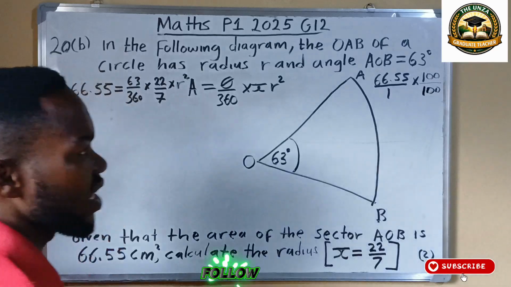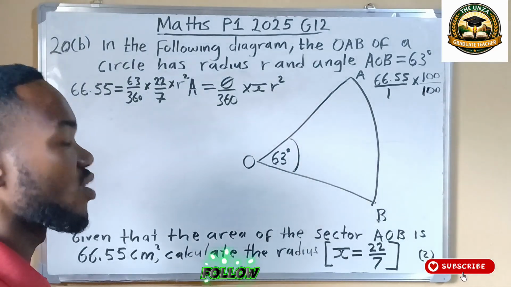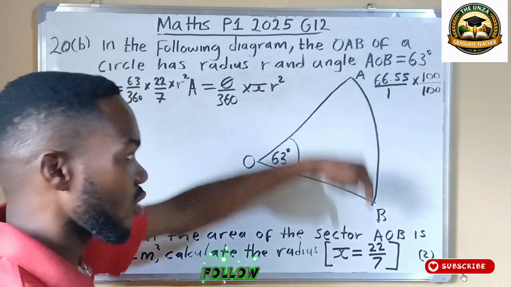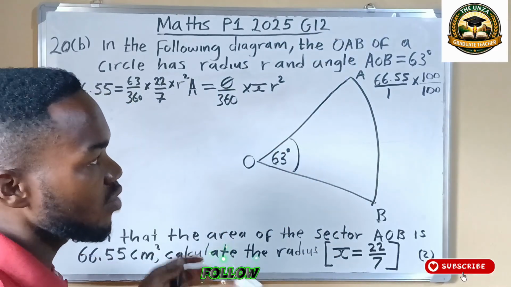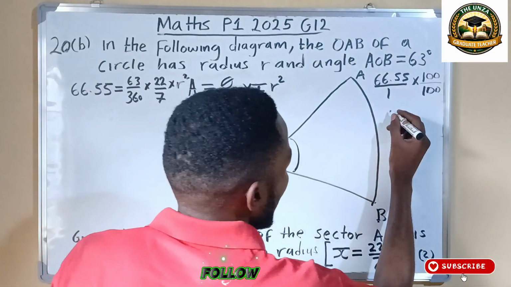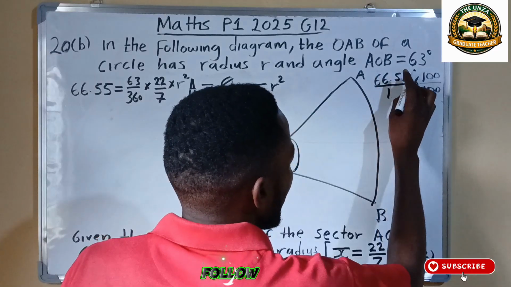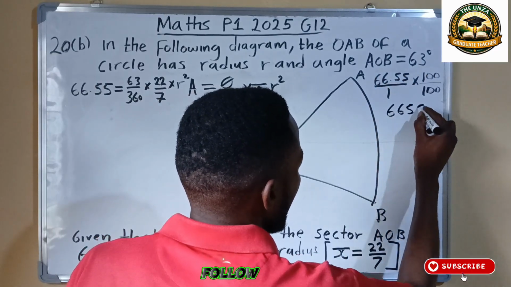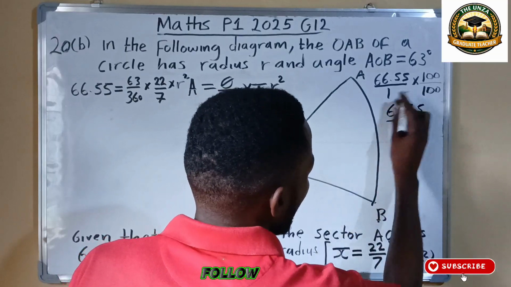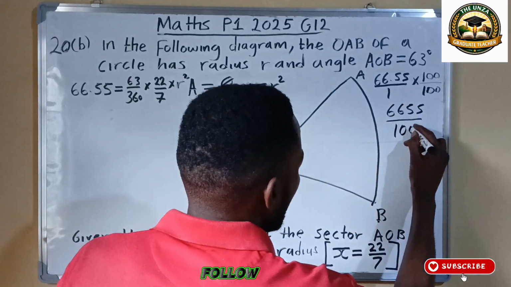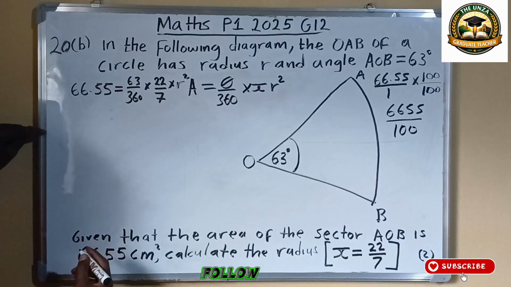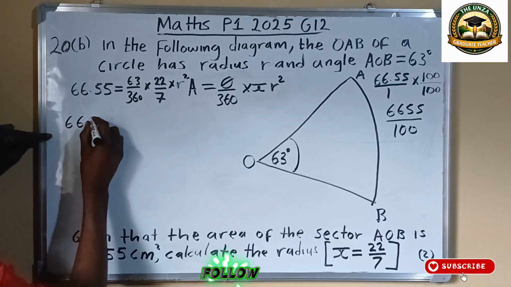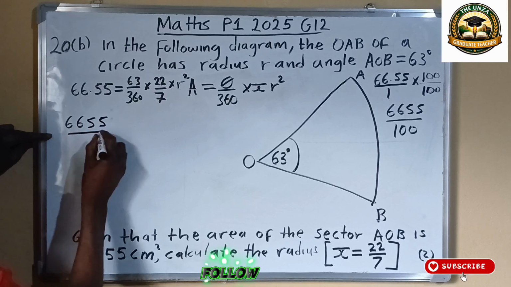If it had one decimal place, you would multiply by 10 on top and at the bottom. Because it has two decimal places, it's 100. So it will be 6655 over 100.